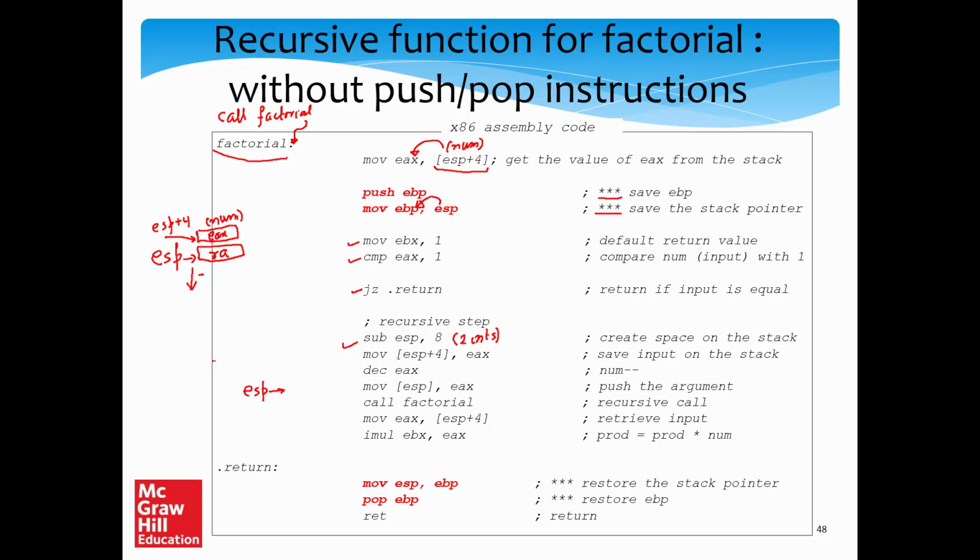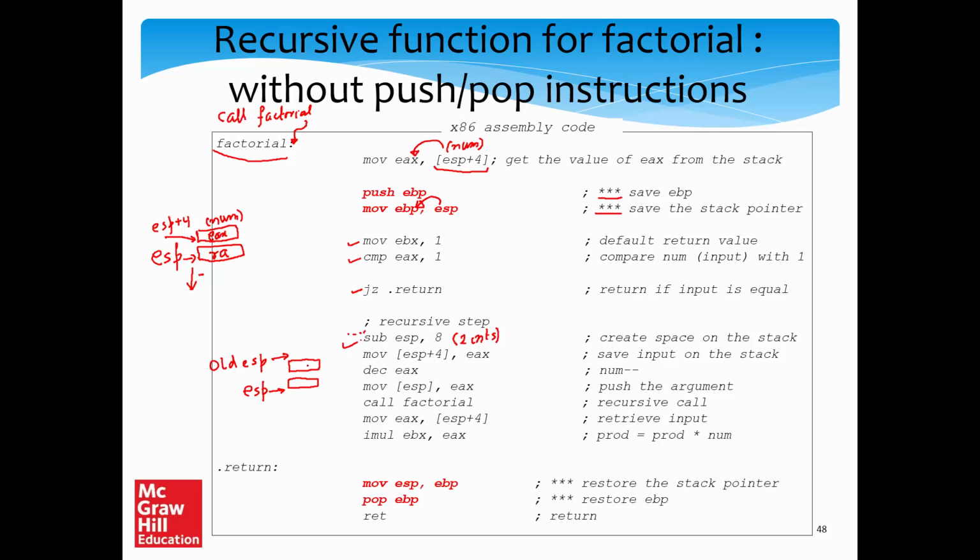So assume that this is the old value of the stack pointer, which is at this instruction, prior to this instruction. This is pointing over here. So if I subtract it by 8, I'm creating actually 2 spaces, 2 slots to save 2 integers, right?